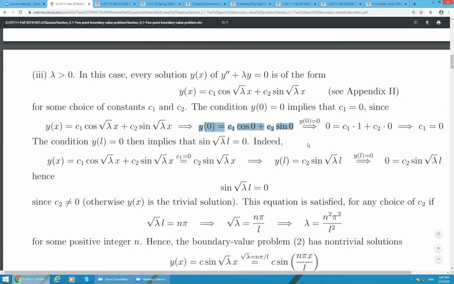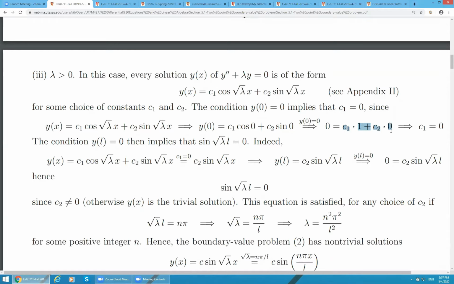Note that y of 0 is equal to 0. Also observe that cosine of 0 is 1, sine of 0 is 0. Therefore, the right-hand side is simply C1. So C1 is equal to 0.